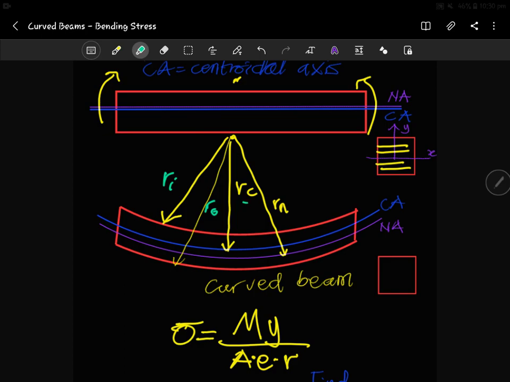Okay, so this one to the center of the beam, this one the neutral axis, this is the central axis, this to the outer part of the beam, this to the inner part of the beam, the one we meet first. And then there are times where within a particular part of the beam we have indirect and direct forces, right?